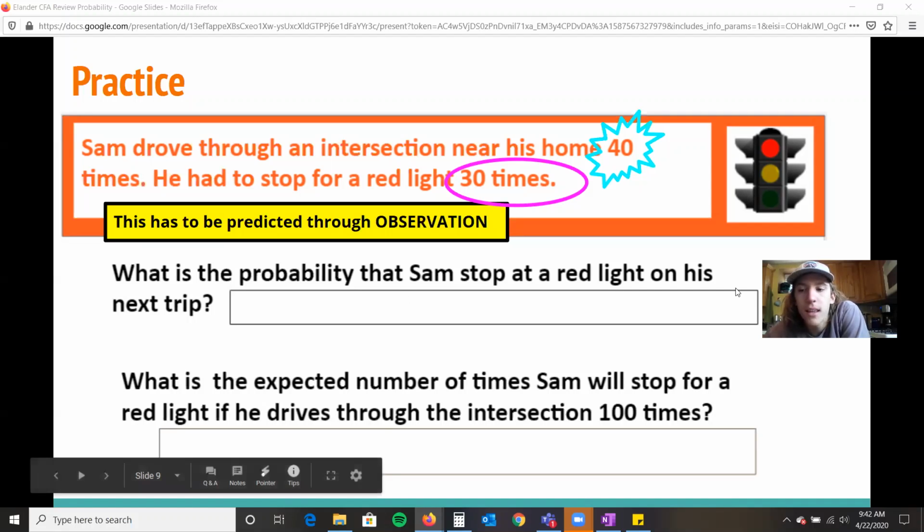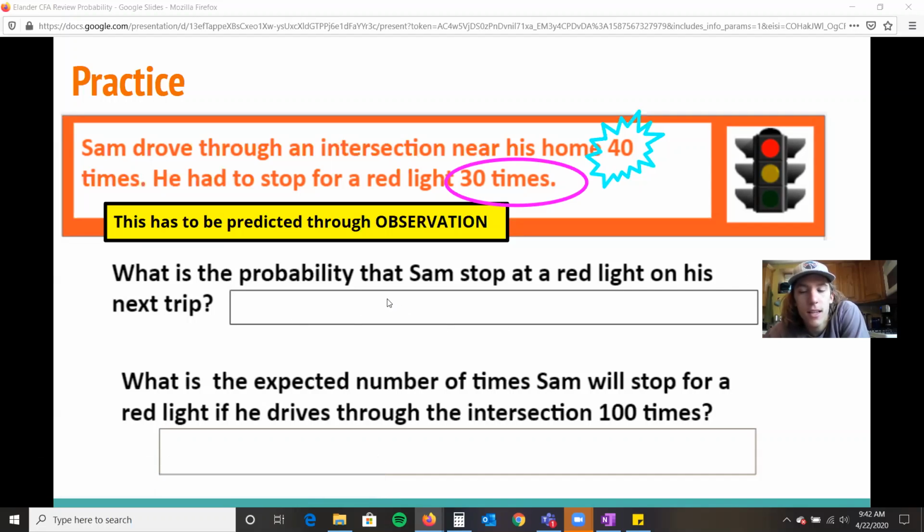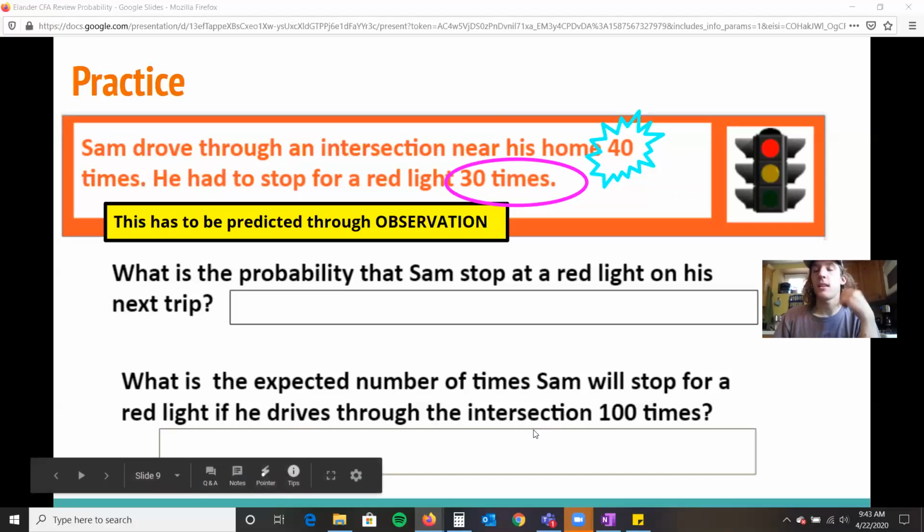So we take the information that we got, the probability of stopping at a red light on his next trip. Based on the observation, we said about a 75% chance that he'll have to stop. So we take that same thing and we can try to predict in the future.